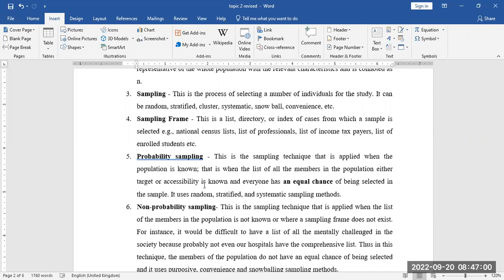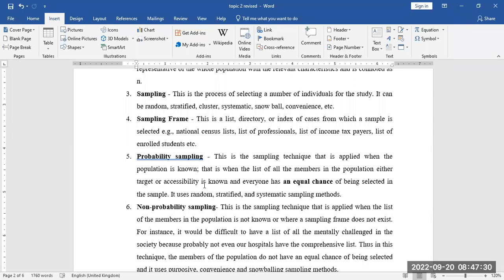When you're talking about sampling, it can be random. A random sampling technique is one where you select the items that should be included in your research at random. We also have stratified, which is when you divide your population into what we call strata.